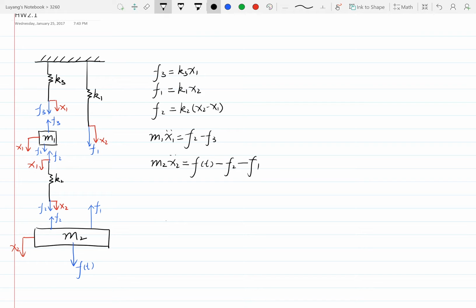Okay, so let's plug in F1, F2, and F3. For the first equation, M1 x1 double dot equals K2 (x2 minus x1) minus K3 x1. For the second equation, M2 x2 double dot equals F of t minus K2 times (x2 minus x1) minus K1 x2.